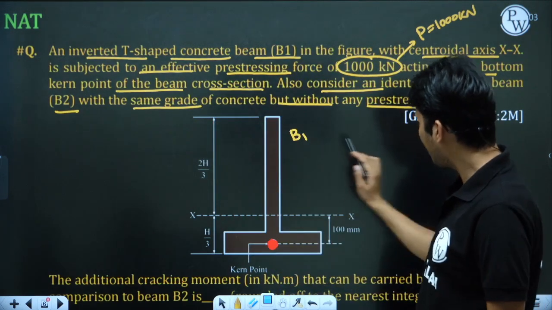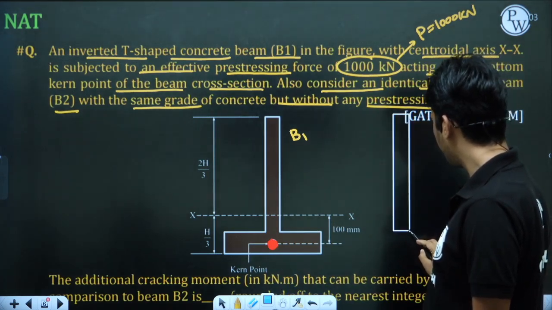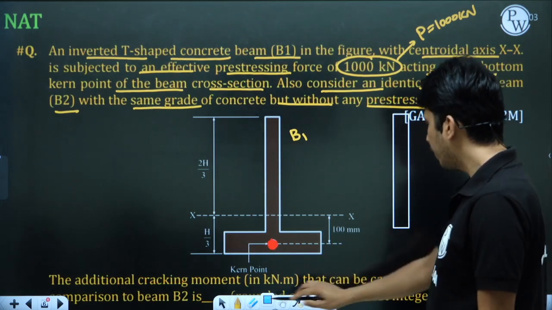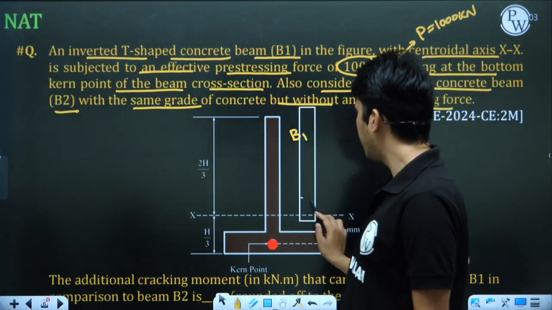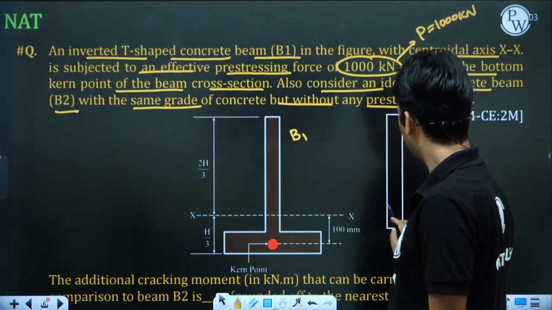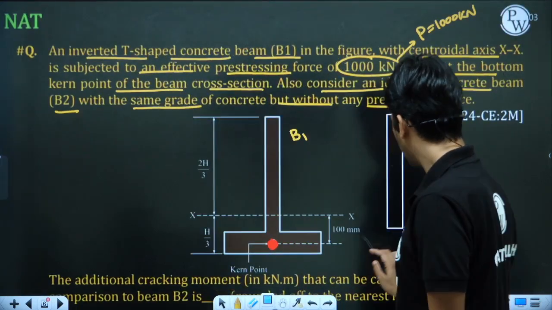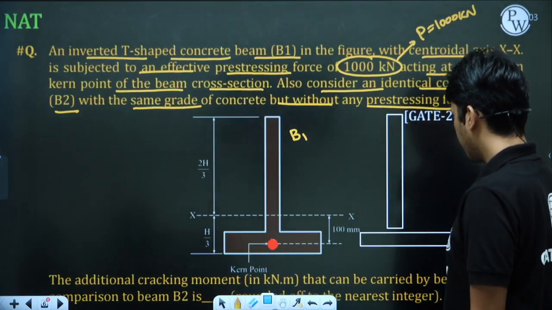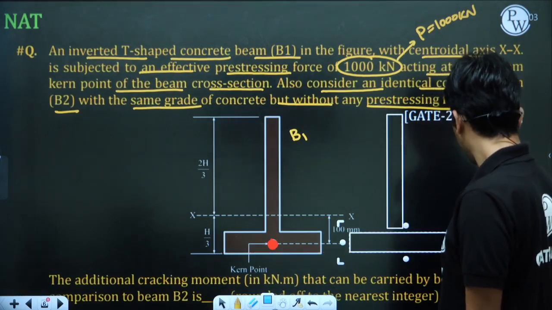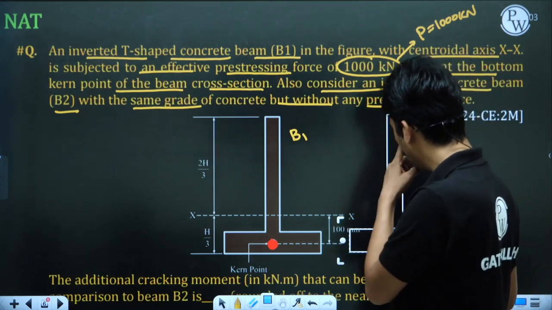There will be the same beam B2 here, but this beam will not have the pre-stressing force. This B2 beam will not have the pre-stressing force.